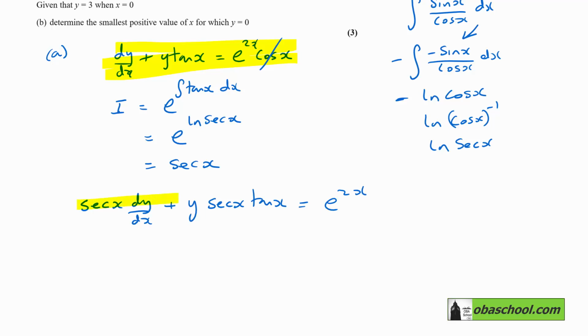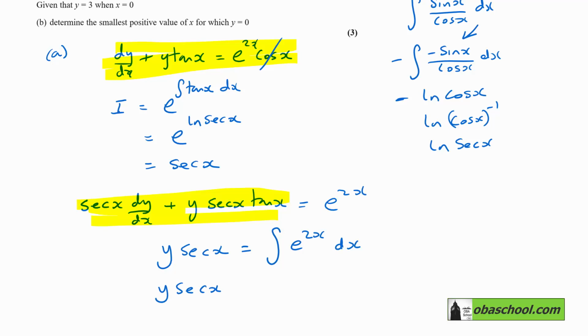Now, this side, when we integrate it, becomes y sec x. So that must be equal to the integral of e^(2x) dx, and therefore y sec x would be half e^(2x) plus a constant.